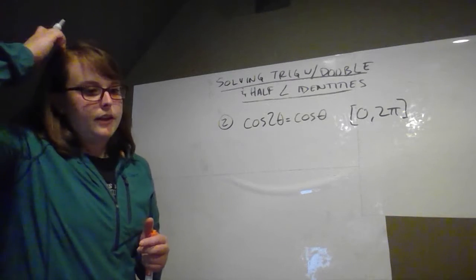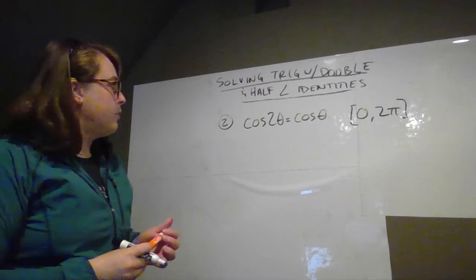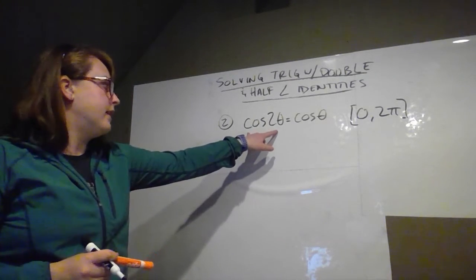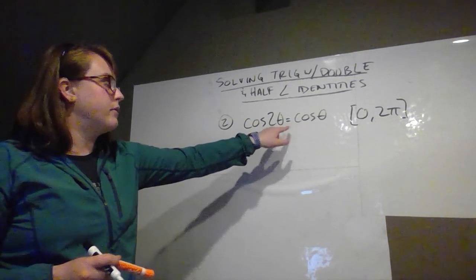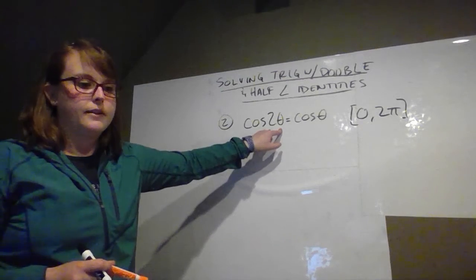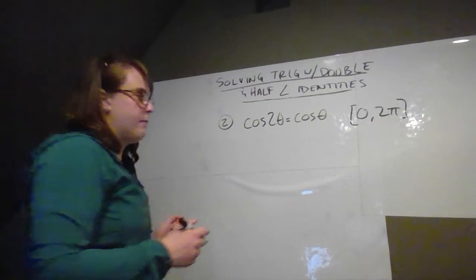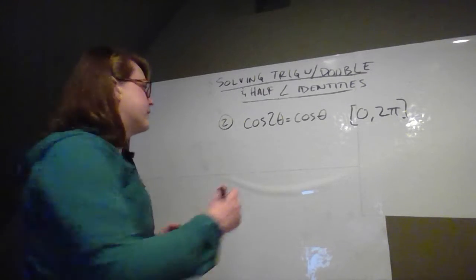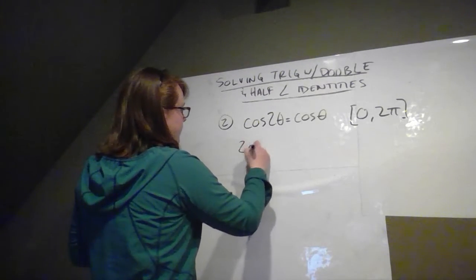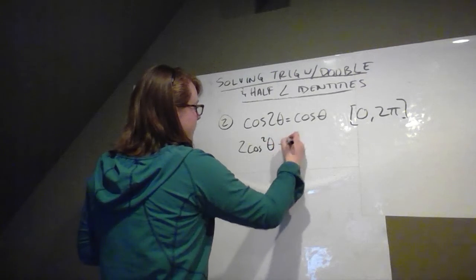So what I'm going to do is take cosine of 2 theta and make it into something that still involves cosine but doesn't have a 2 theta in it. So I'm going to replace it with one of my double angle identities. It's going to be the one that's 2 cosine squared minus 1.